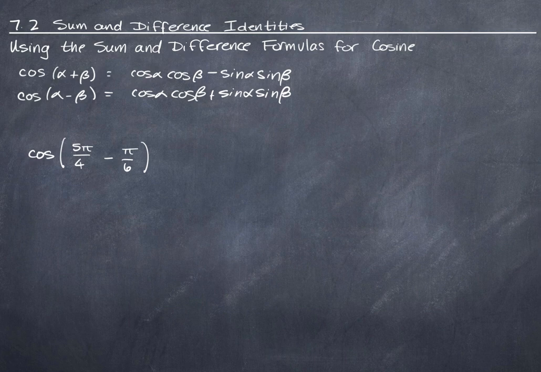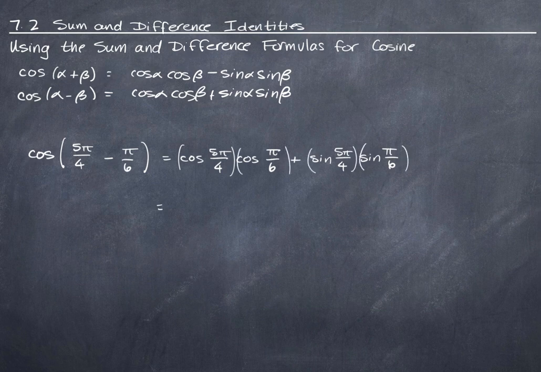You could instead write this as the cosine of 5 pi over 4 times the cosine of pi over 6 plus the sine of 5 pi over 4 times the sine of pi over 6. Very quickly, very easily, we know that the sine of pi over 6 is a half. The cosine of pi over 6 is root 3 over 2.